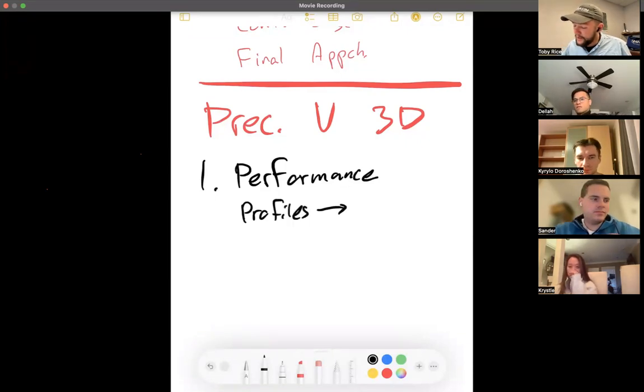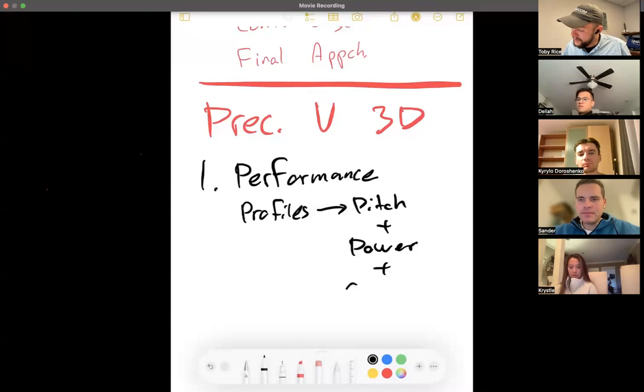Basically, the idea that pitch plus power plus configuration equals performance.